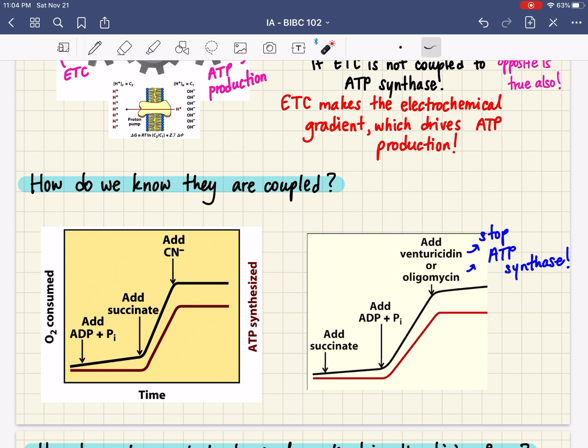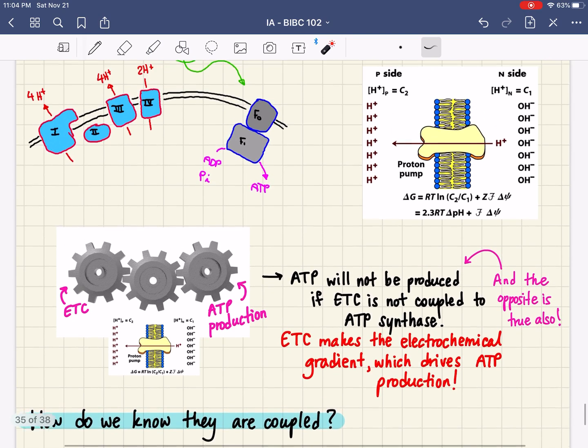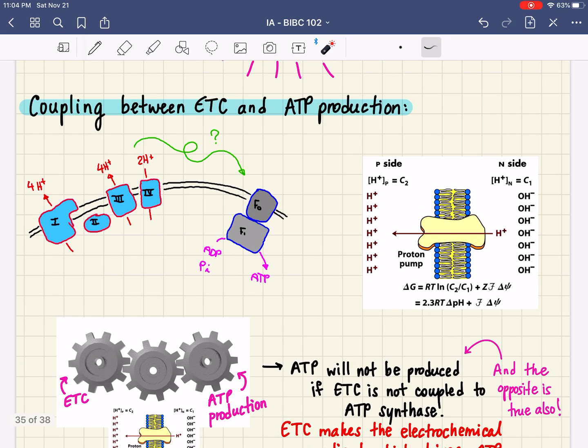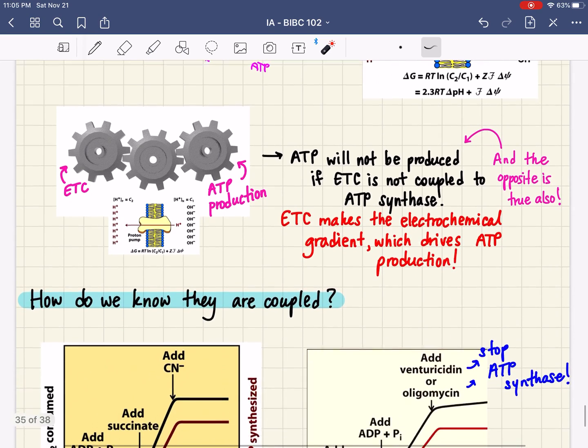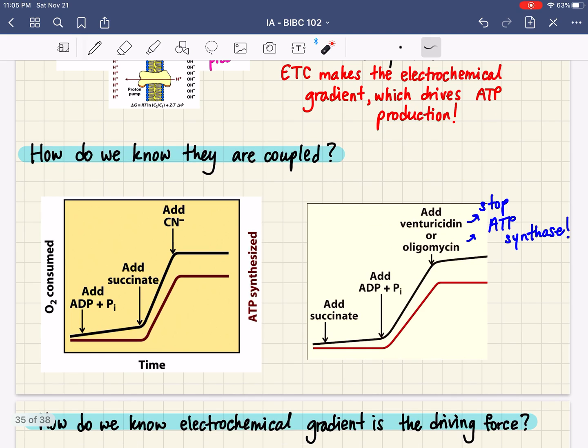And how you use this oxygen consumption is you take molecules of succinate, you add it to an ETC. So we take succinate, and because succinate is the substrate of complex 2, then ETC will start to work and at the end produce water and reduce the amount of oxygen, right? Because it's used to make water. So that is how researchers measure oxygen consumption.